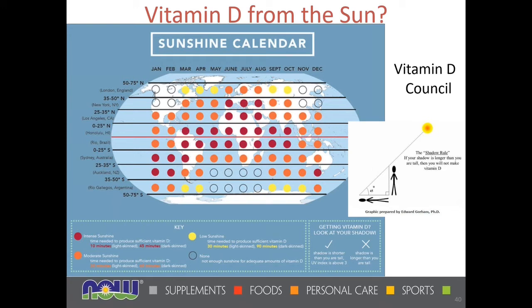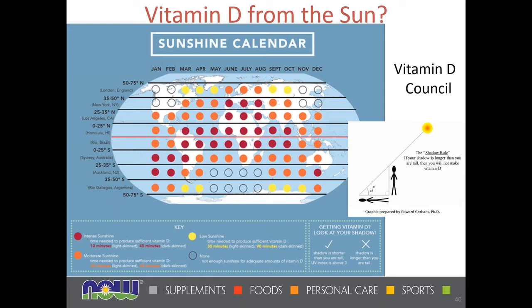And if you look at the right, the shadow rule, if your shadow is longer than your height, than how tall you are, you cannot make vitamin D. So the sun has to be at least a 45-degree angle or higher in the sky, or else too much of the ultraviolet rays get filtered and you can't make vitamin D.